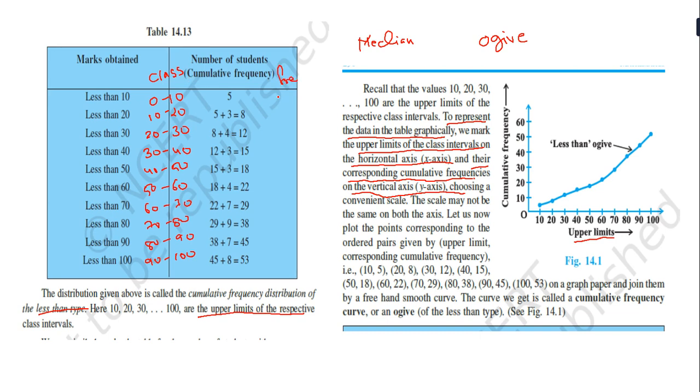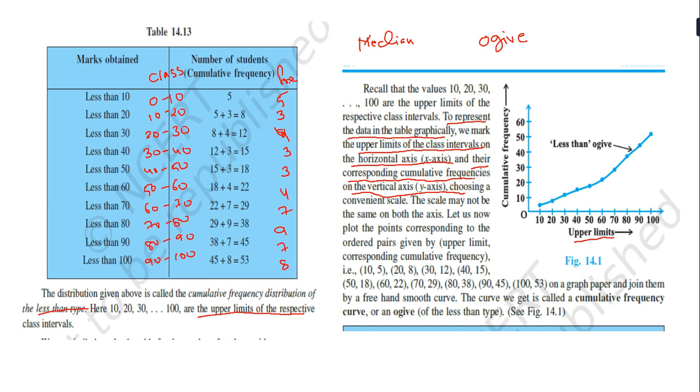The frequency is already given, mostly it is given: 5 here, then 3, 4, 3, 3, 4, 7, 9, 7 and 8. That way the frequency is given.